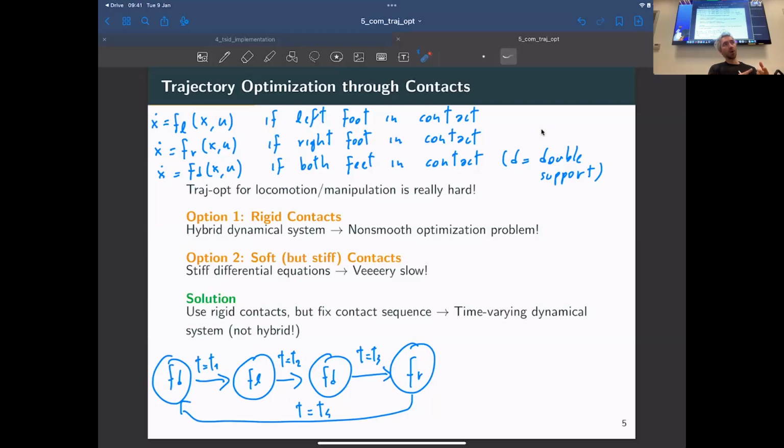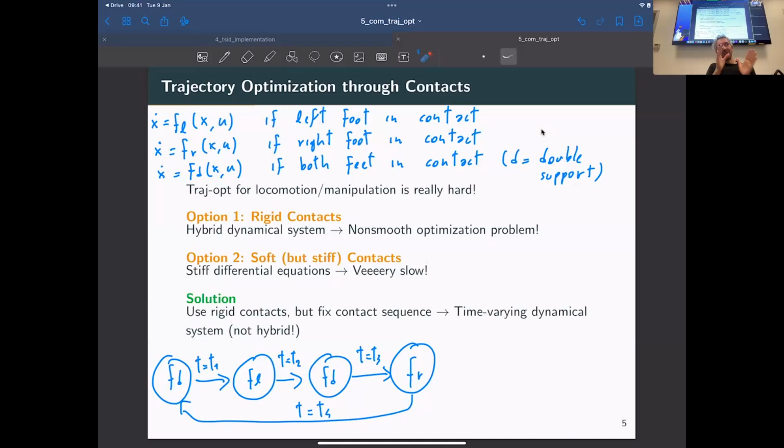It becomes a problem if the switch is based on the state. In that case, your system is hybrid. But with this time-based switching, then it's just time varying, and it's not a problem if the dynamics changes. It does change in a smooth way, the dynamics, but the problem is differentiable.